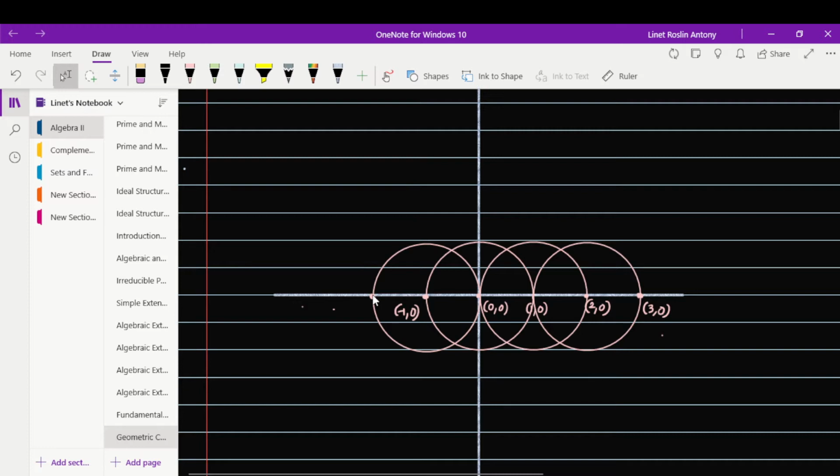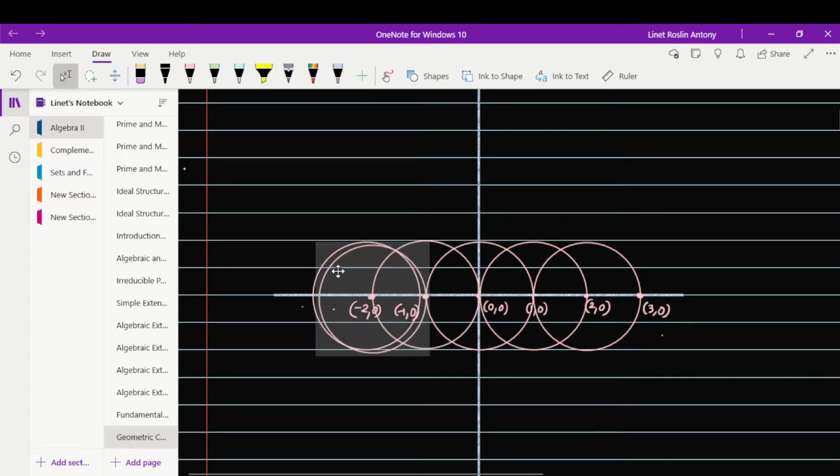Now if you need minus 3, 0, you have to again draw a unit circle at this minus 2, 0, and then you will obtain minus 3, 0.